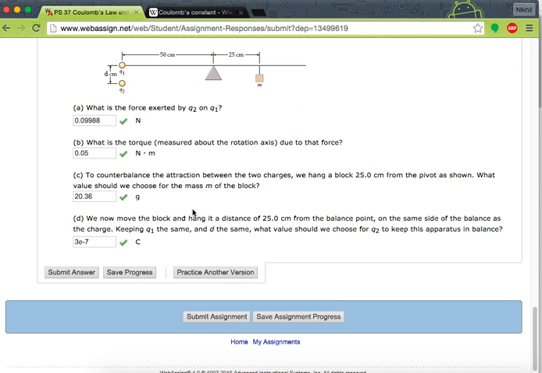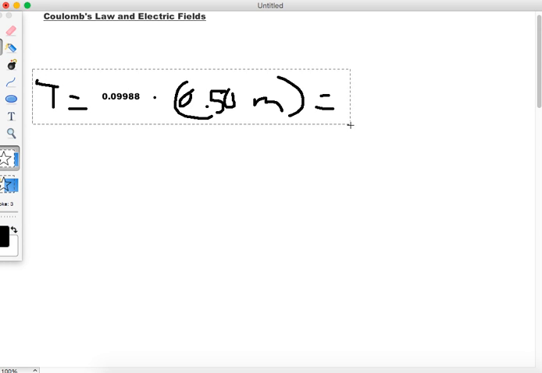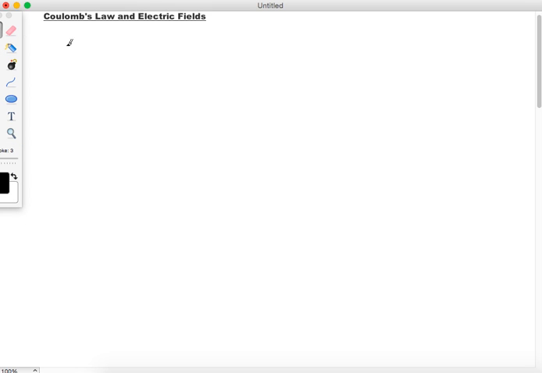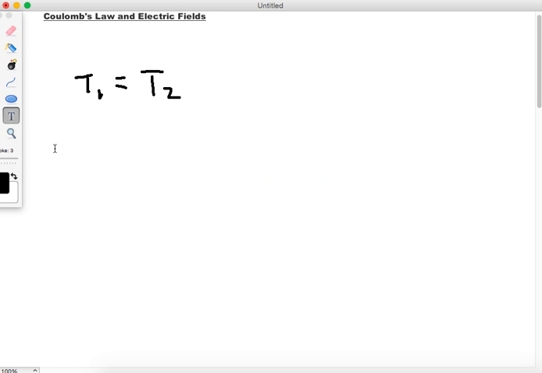To counterbalance the attraction of the two cars, we have this on the other side. What is the value of the mass m? If there's a fulcrum and it balances, the torque is going to be equal on both sides. So T1 equals T2. T1, as we found in the first equation, is 0.05. T2 is equal to the force times the length.